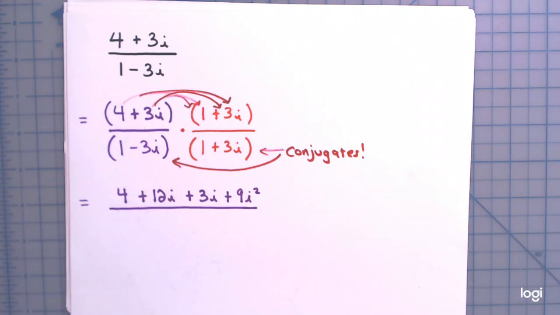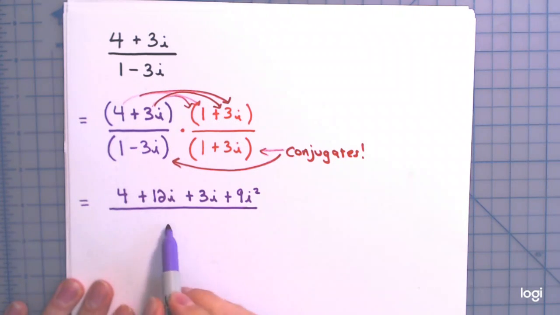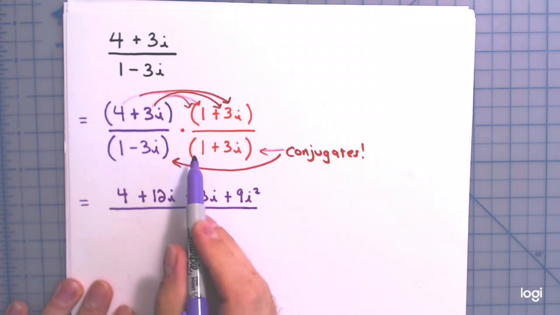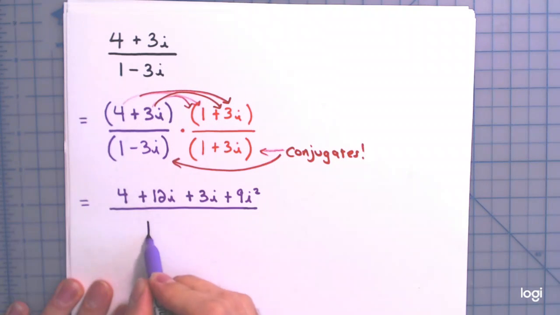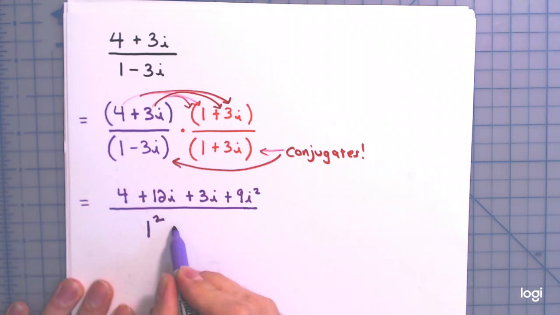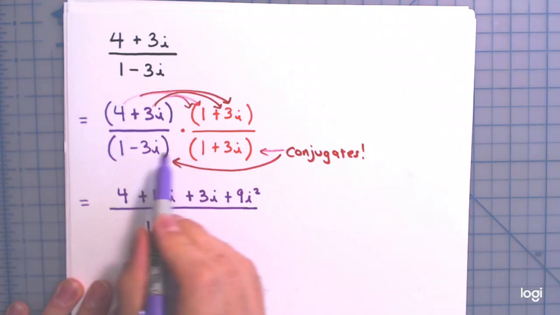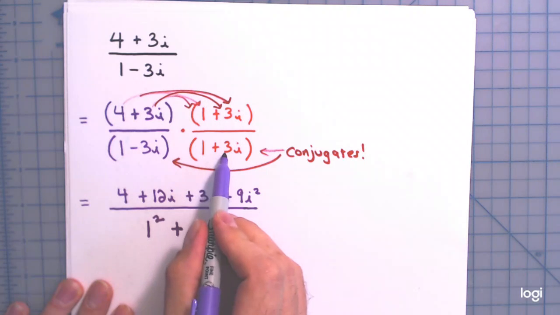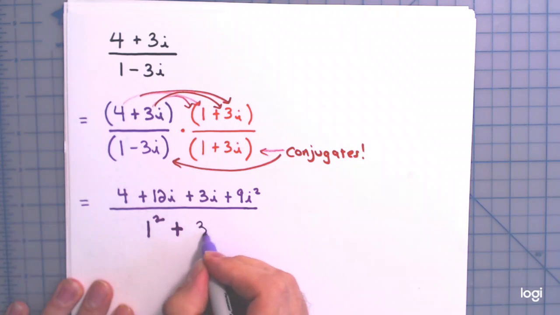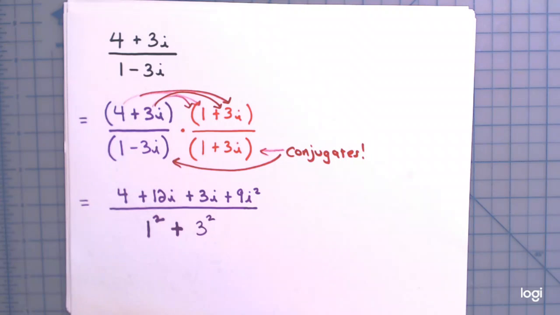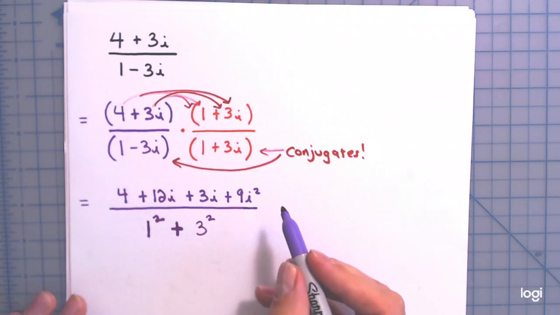If you recognize that you're multiplying two complex conjugates, then the final result in the denominator here will be the real part of these numbers squared, so 1 squared, then plus the imaginary part, negative 3 or 3, either one squared, because when you square 3 or negative 3, you're going to get positive 9 anyway. And notice it will be real. I'll end up with 10 down there.